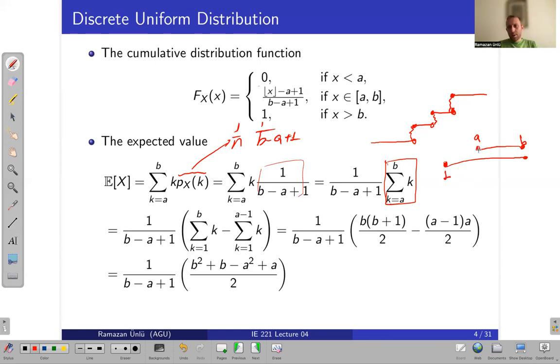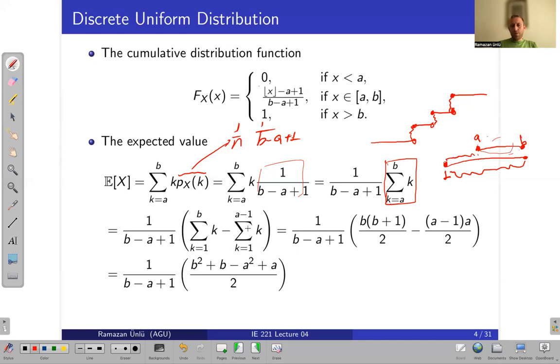So from this part, if I subtract this one, I will get this one, right? So that's why I can rewrite this part as the sum of k from 1 to B minus the sum of k from 1 to A minus 1, which gives me this part.